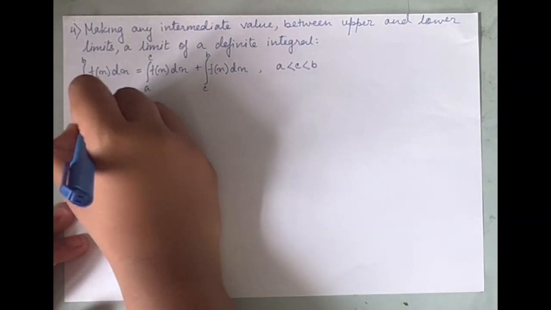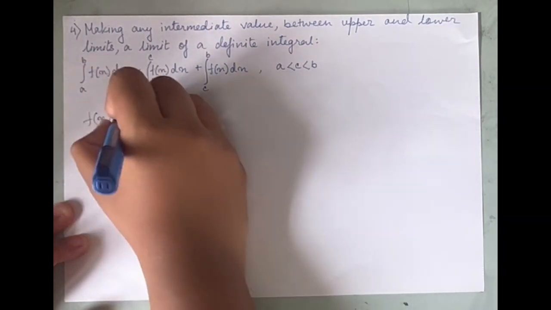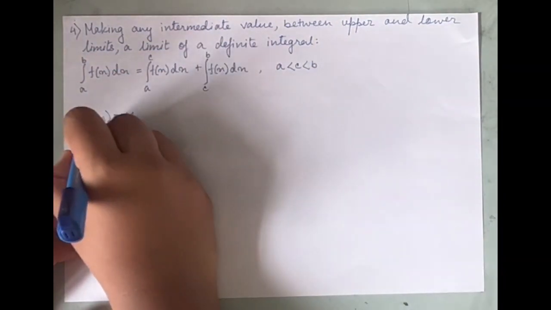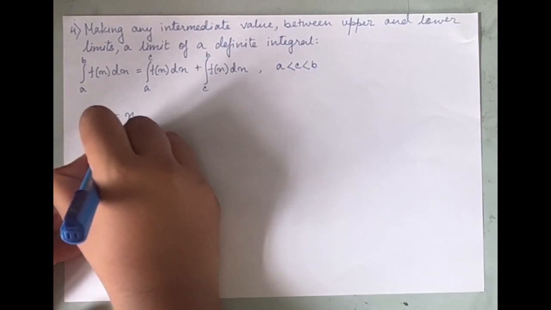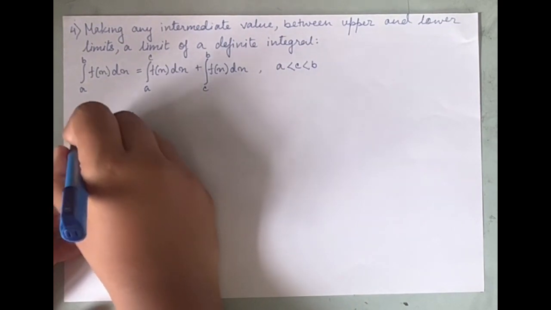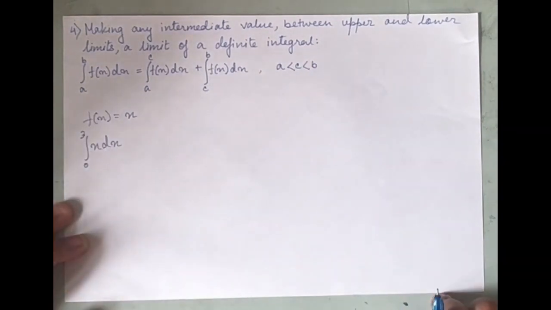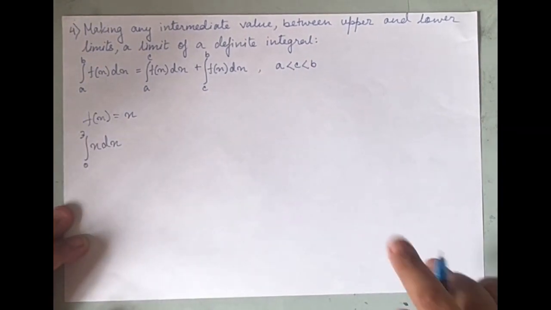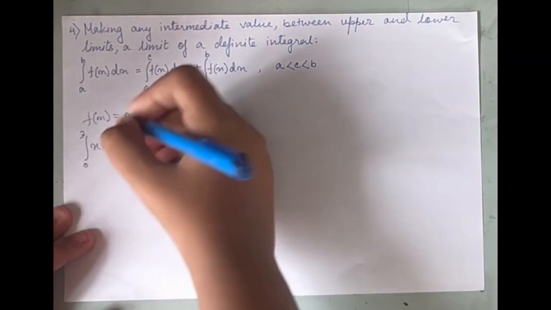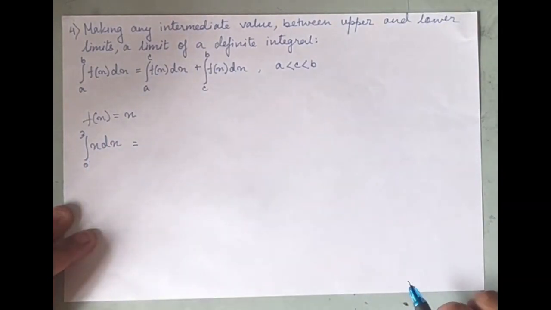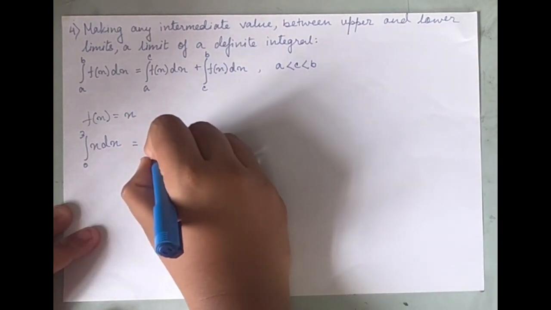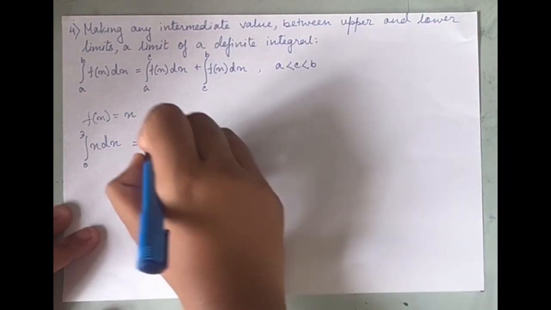Let f(x) be equal to x. So integration of x dx from 0 to 3, I am taking the limits 0 to 3, is equal to the integration of x, which would be x square by 2, because here n is equal to 1, so n plus 1 would be 2, and it comes x square by 2.